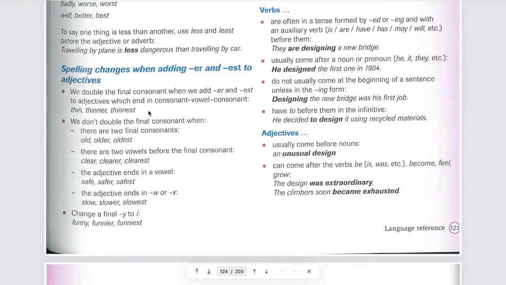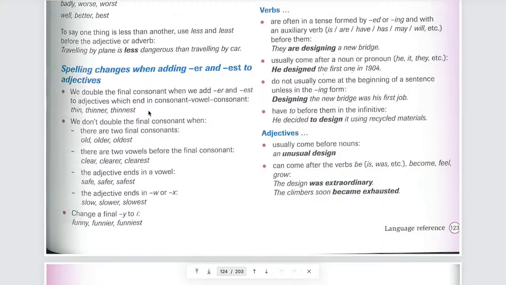Here they say we double the final consonant when we add ER and EST to adjectives which end in consonant, vowel, consonant. Here, look. Tell me, the last one, N. Is that a vowel sound or a consonant sound? That is consonant, because it's not here, right? Here, I, vowel. So this one is consonant. And I, that is vowel. And H, what's that? Consonant.